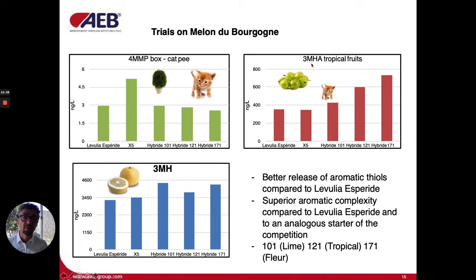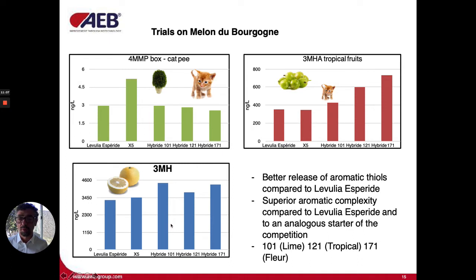We were looking for something different, something more modern, tropical fruit, 3-MHA, citrusy, like its alcohol, so the 3-MH. And we got some results that were very interesting with some of these hybrids, the 101, the 121, and the 171. The 101 that was higher in the citrusy was then called Fermalt Lime.